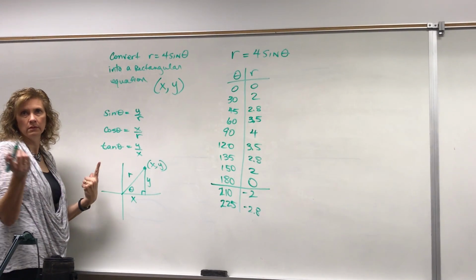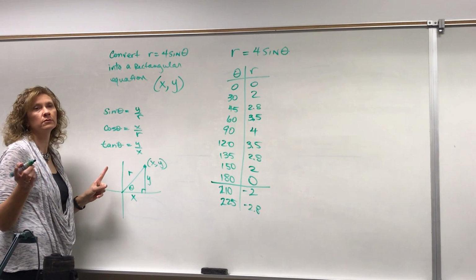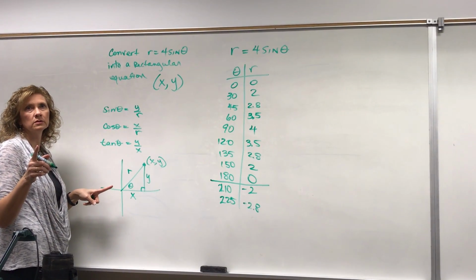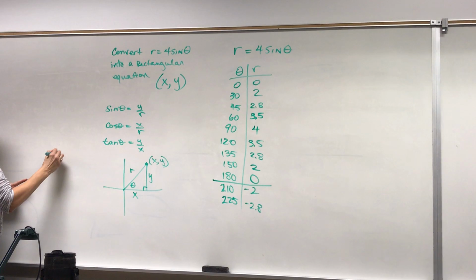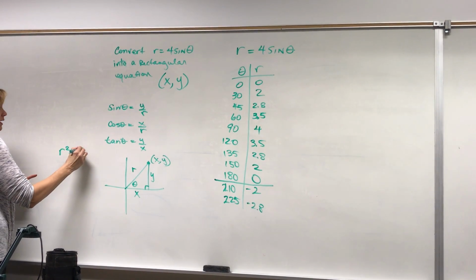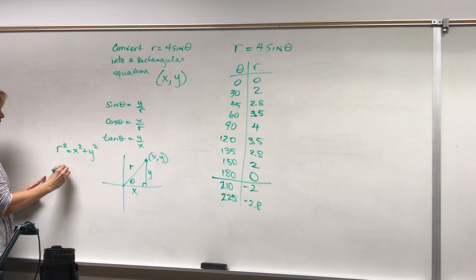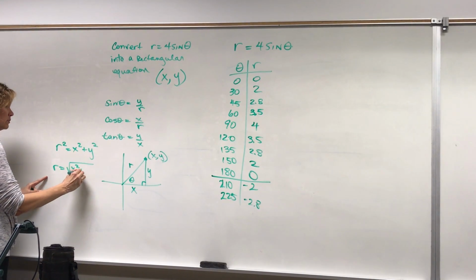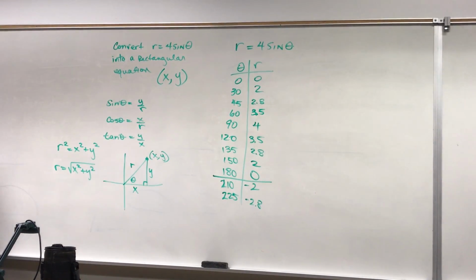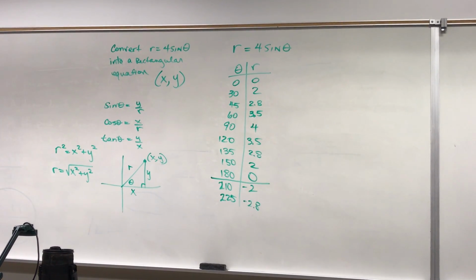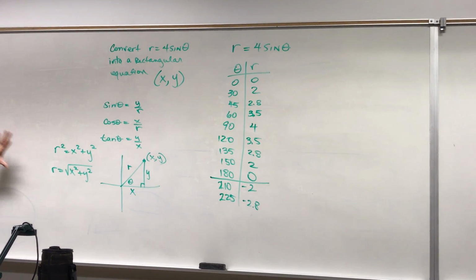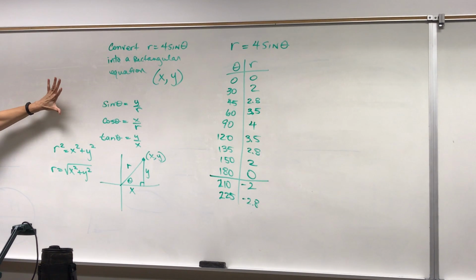It's the sum of the squares. So we also know that r squared is equal to x squared plus y squared. Sometimes it's helpful to say that r is equal to the square root of x squared plus y squared. So we've got relationships that you've been dealing with for the last 2 months, possibly.